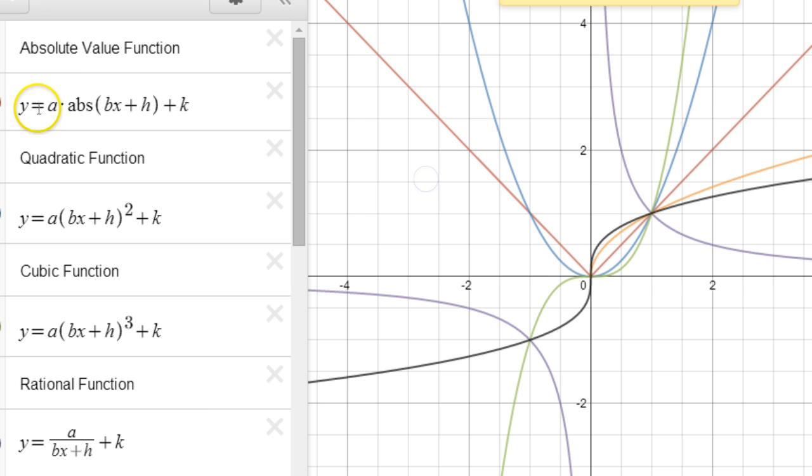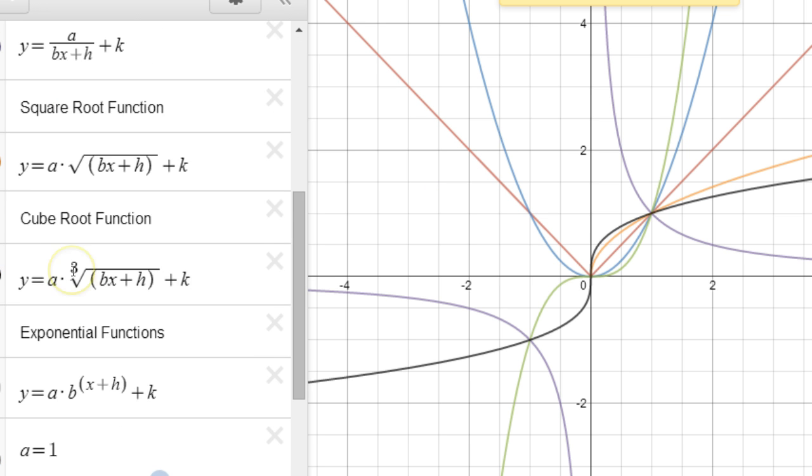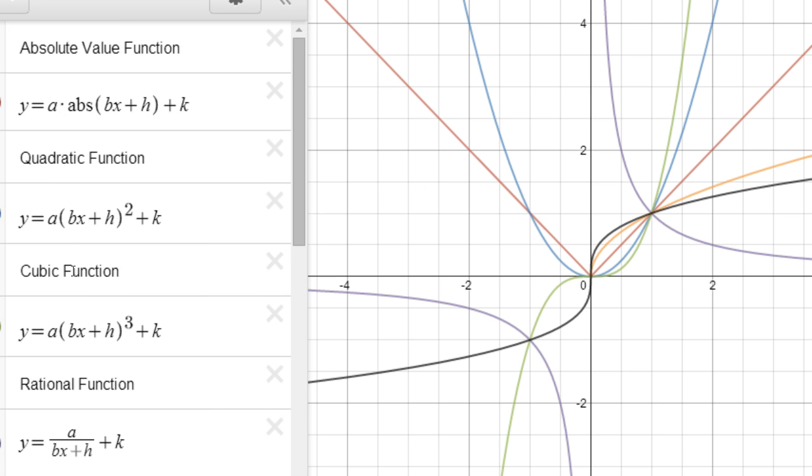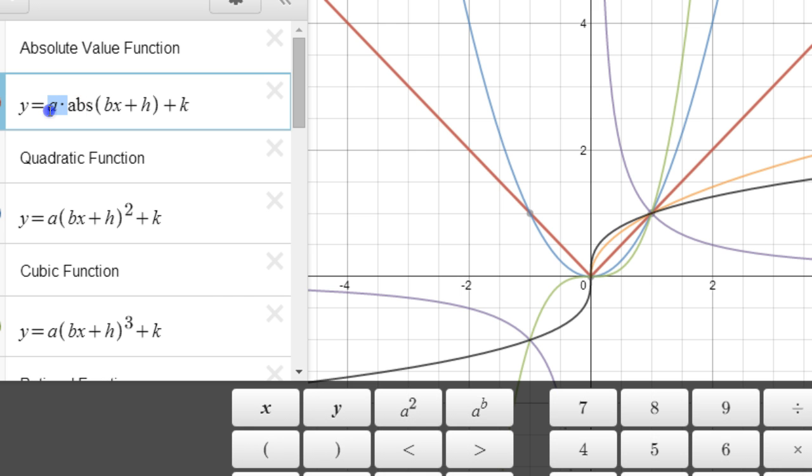Every number and letter inside of this function is actually doing something else. The A is controlling the vertical compression. The H and the B do a combination of moving left and right, depending on how many units B is. And K controls the vertical shift.